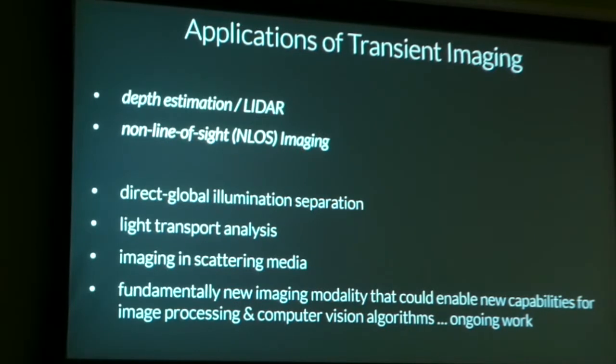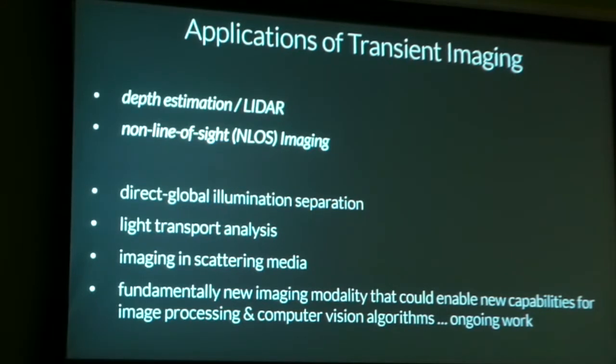Probably the most useful application of transient imaging data are for depth estimation, 3D imaging, LIDAR. I'll also be talking about an emerging application called non-line of sight imaging later in this talk. And in general, you can use this type of transient imaging data for just generally understanding light transport in a scene, separating light that directly bounces back to you versus light that's scattering a bunch of times in the scene.